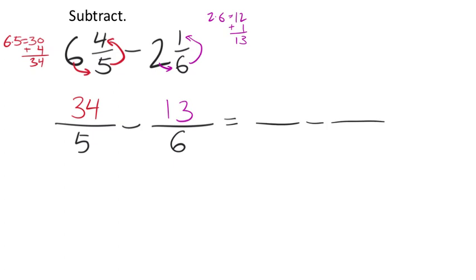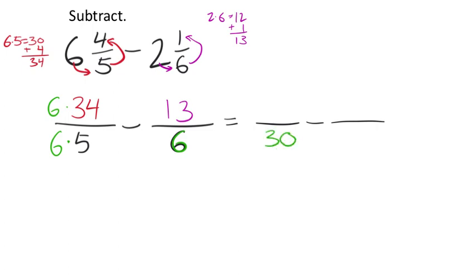You can find the lowest common denominator with listing or prime factorization, but I'm going to go straight to our method of just multiplying the denominators into the other fraction. Meaning the 6 in the second fraction's denominator, I'm going to multiply into the 5, and also the numerator of 34, okay? So in the denominator, 6 times 5 is 30.